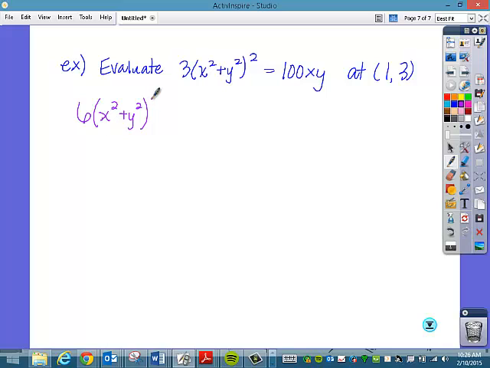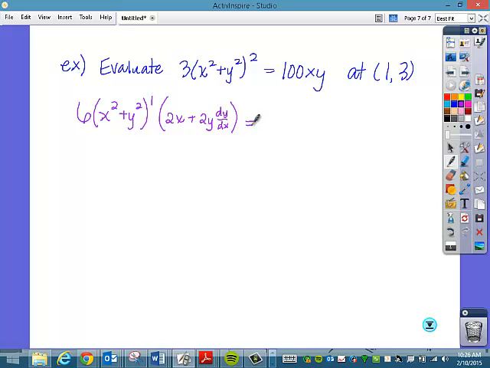Subtract 1 from your exponent. And now you're going to take the derivative of what's inside the parentheses. So the derivative of x squared is 2x. The derivative of y squared is 2y. So because you just took the derivative of something involving a y, you're going to stick a dy dx in there.